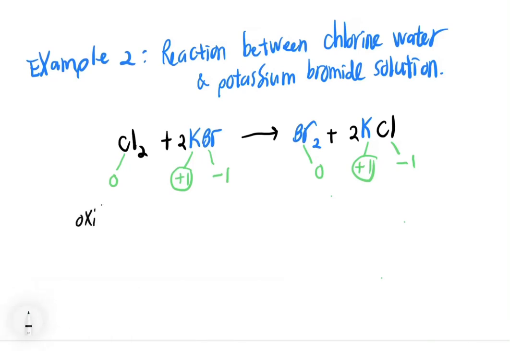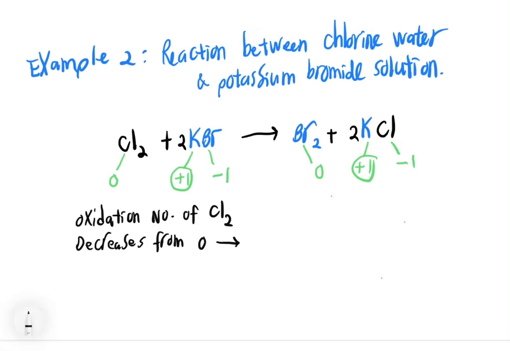So the oxidation number of chlorine decreases from 0 to -1.